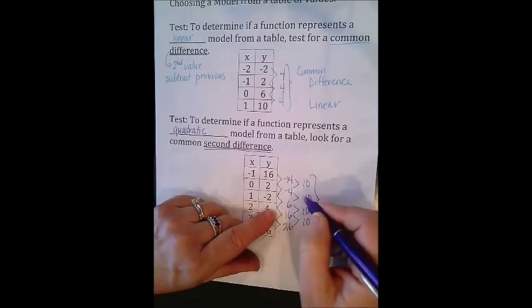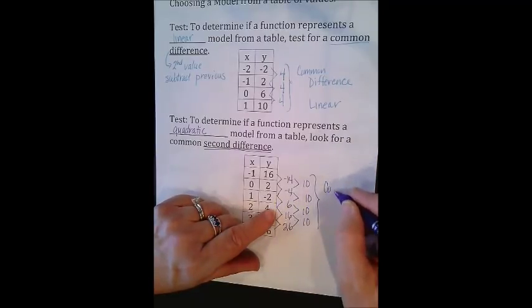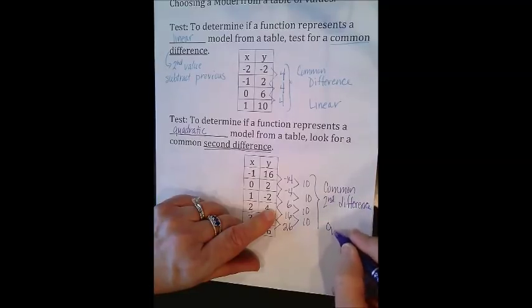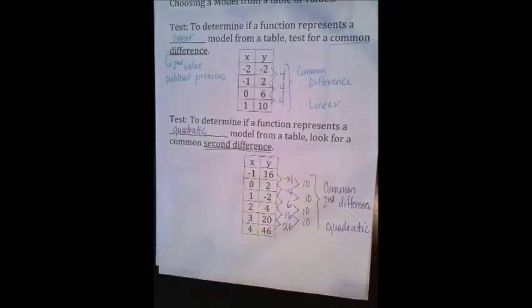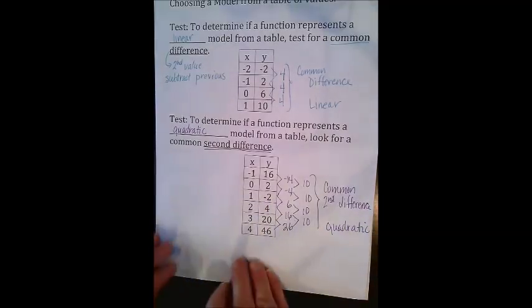When you do it the second time, that's called a common second difference, because now they're all the same on the second difference. And when that happens, it's a quadratic. Okay, so you do the difference, and then you do the difference again, and that makes it a quadratic.